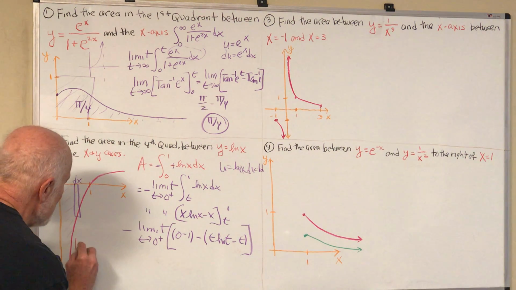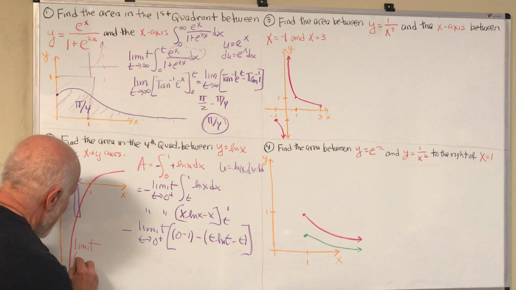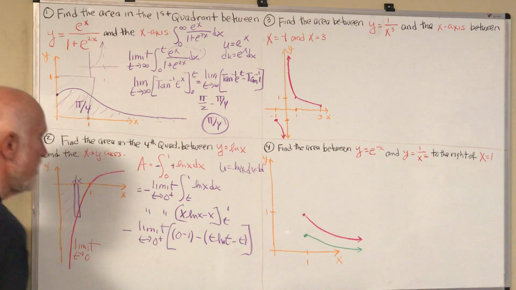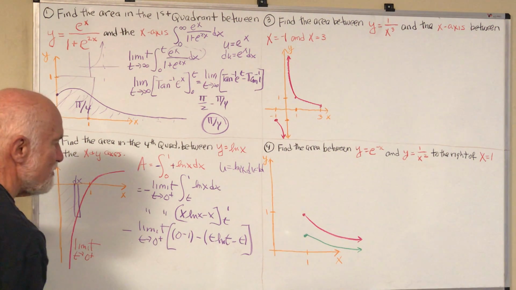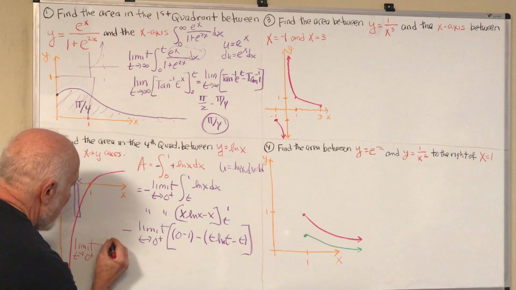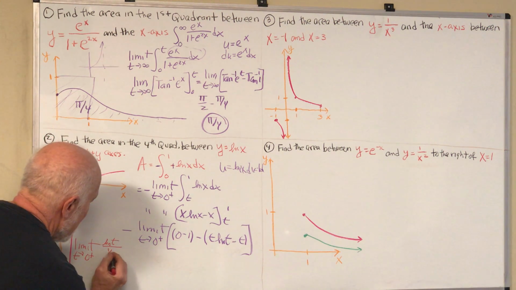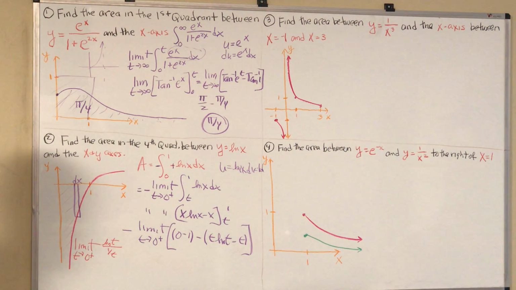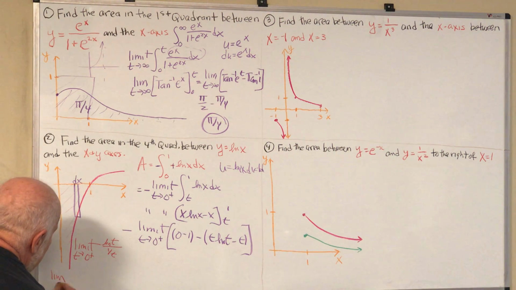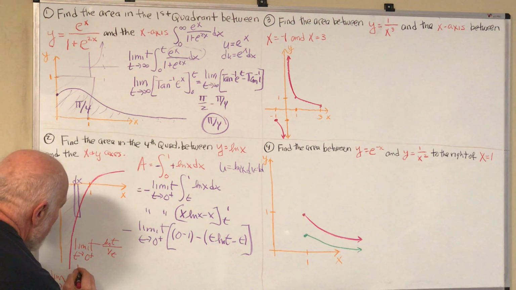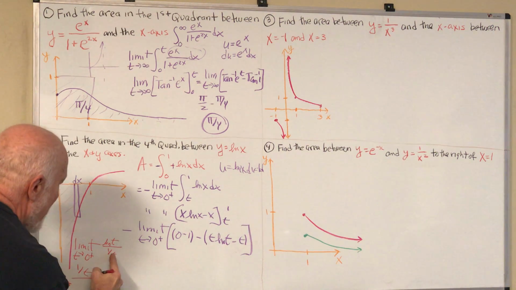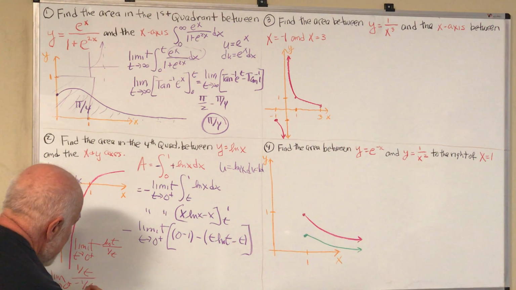We have to change it into the limit as t approaches 0, and then we would make it, instead of t times the natural log of t, the natural log of t divided by 1 over t. And now they're both approaching a form of infinity. So we yell, L'Hopital! And we can say the limit as t approaches 0, and we take the derivative. 1 over t divided by negative 1 over t squared.